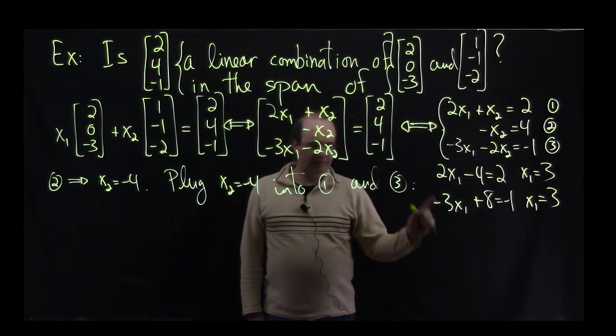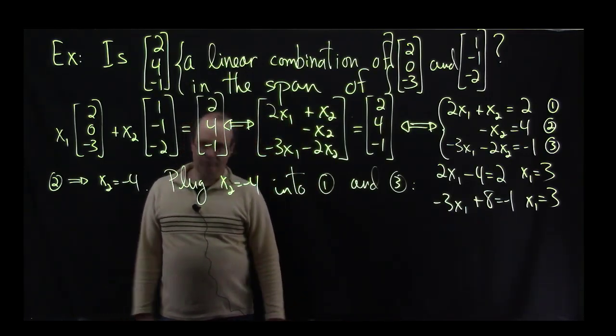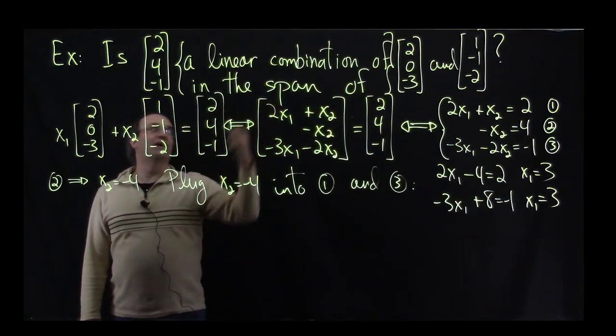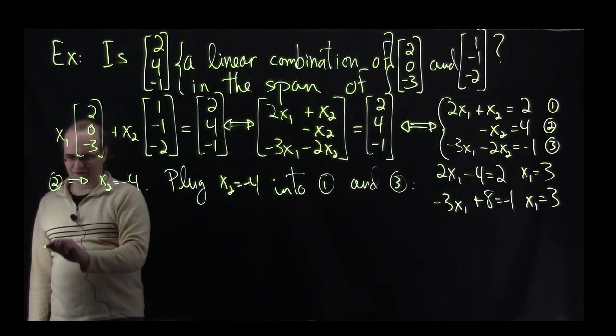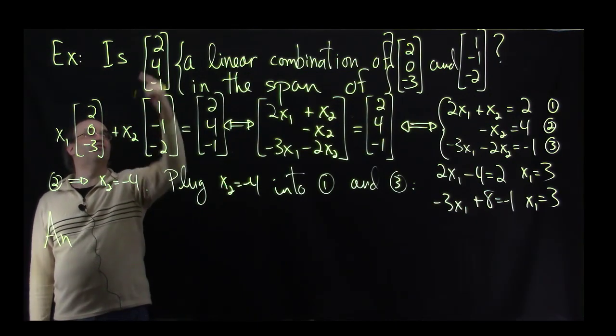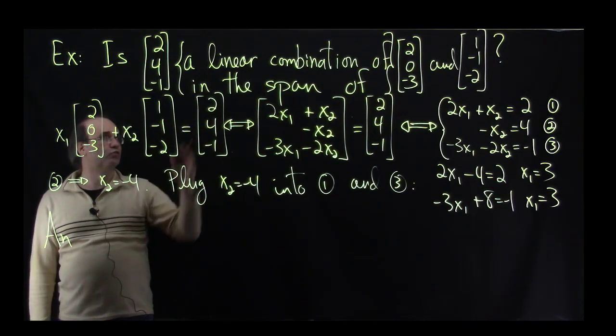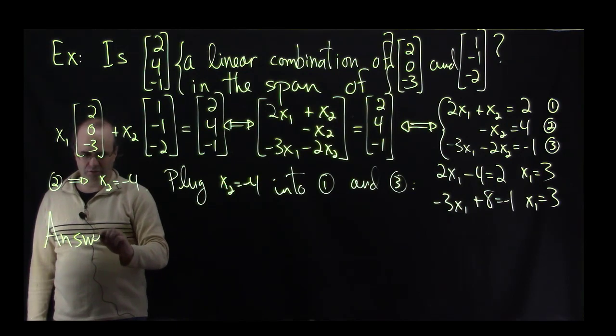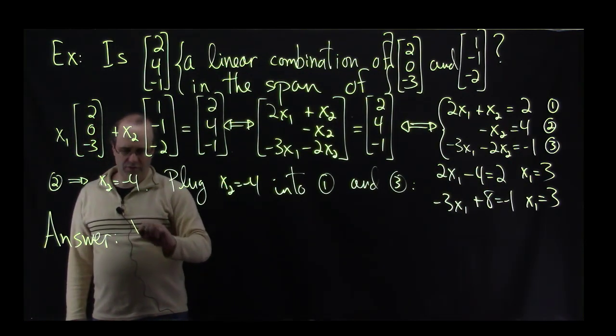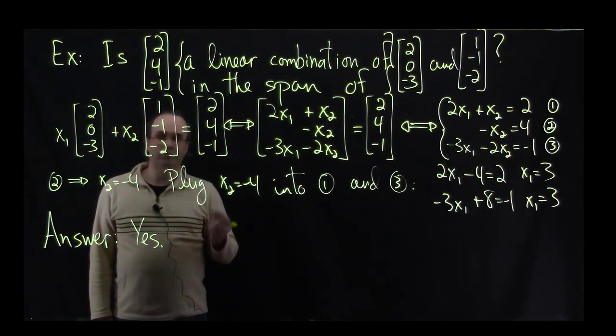So this means that the answer to your question is yes. The vector (2, 4, -1) is a linear combination of those two vectors. It belongs to the span of those two vectors. And we can make this explicit.